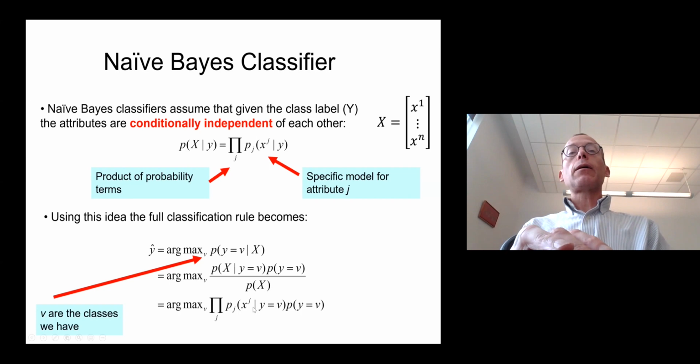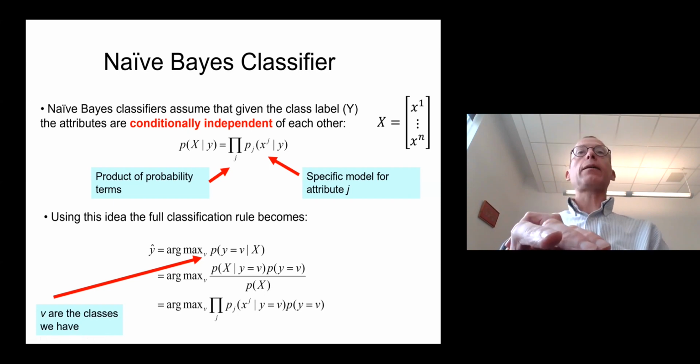The main difference is that we now factor this as a product of independent or conditionally independent probabilities.